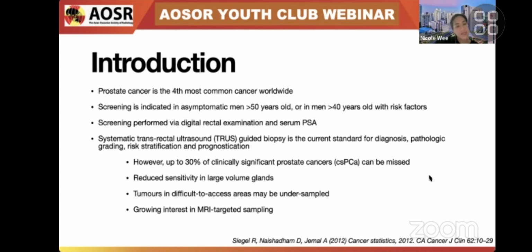And the sensitivity is further reduced in large volume glands. So tumors may also lie in difficult to access areas, such as the anterior transition zone, the anterolateral peripheral zone, and the apex, which can also result in undersampling. So as such, there is currently a growing interest in MR-targeted sampling, which I'll be sharing more about.